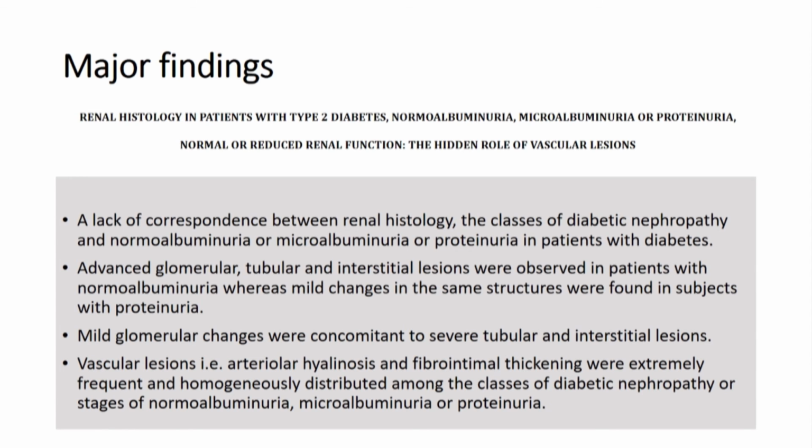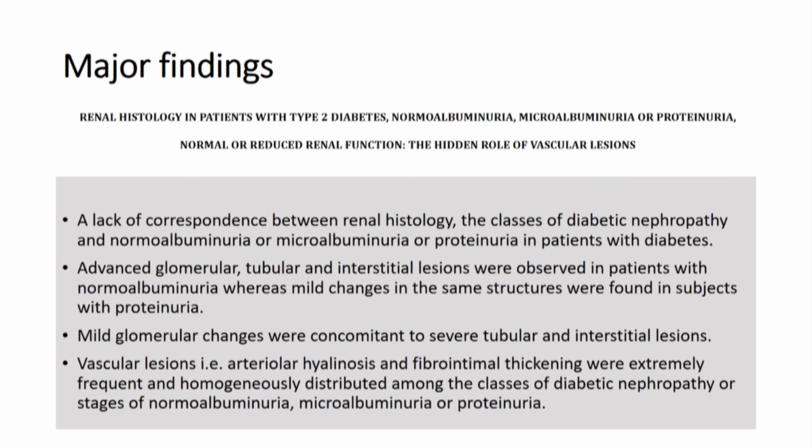And here are the major findings of the study. The authors concluded that there's a lack of correspondence between the renal histology, the classes of diabetic nephropathy, and different stages of proteinuria in patients with diabetes. Advanced glomerular, tubular, and interstitial lesions were observed in patients with normoalbuminuria.